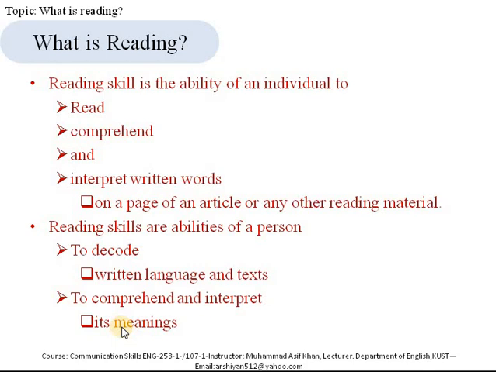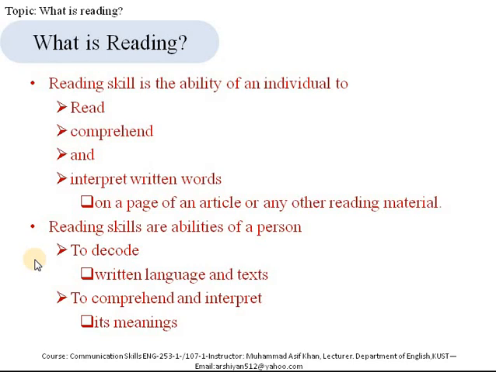Therefore, we say that reading is defined as a cognitive process that involves decoding symbols to arrive at meanings. The first part is decoding symbols or the written language or text, and the second part is to arrive at meanings and then have the ability to interpret those written words. So that is the definition of reading.